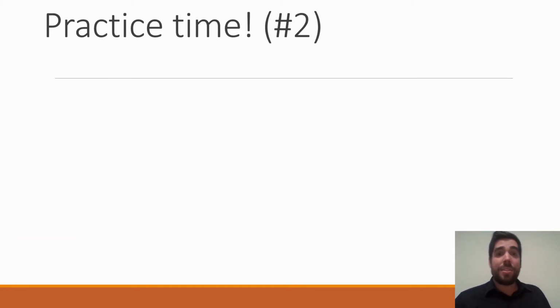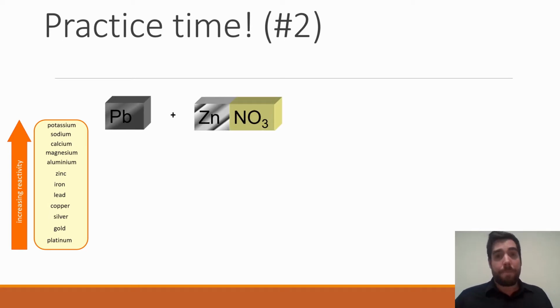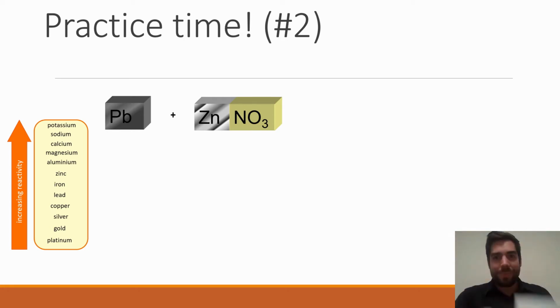All right, so next we have a solid metal of lead being placed into zinc nitrate. Using the reactivity series, please complete the word equation and the appropriate balanced chemical equation. So please pause now. Resuming in 3, 2, 1.